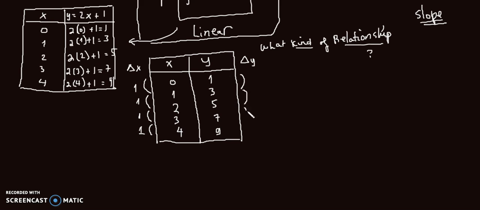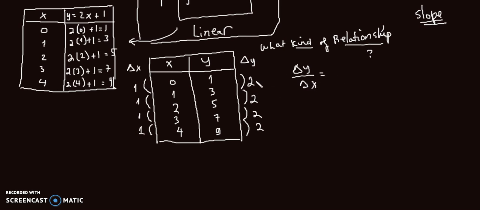Now I'm going to do the same with y. So 3 minus 1 is 2. 5 minus 3 is 2 again. 7 minus 5 is 2 again. 9 minus 7 is 2 again. So what we want to find out is delta y divided by delta x, the ratio.